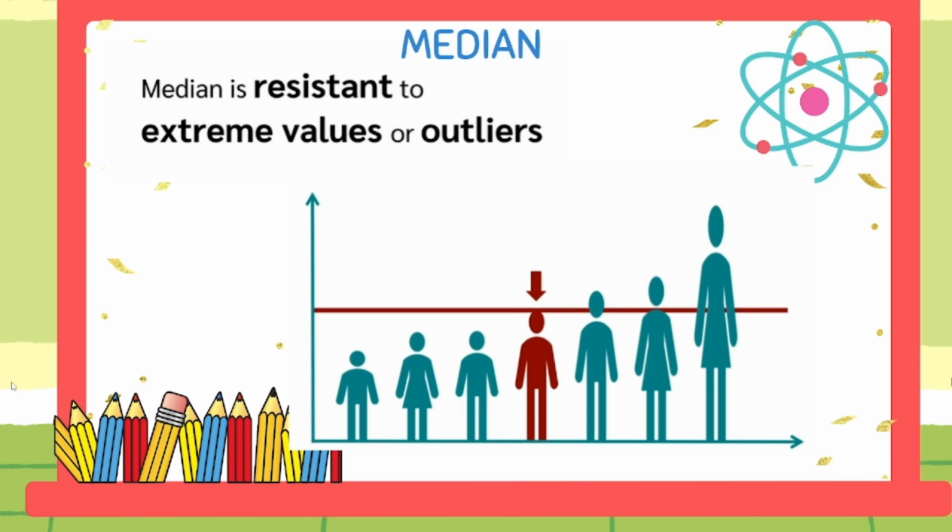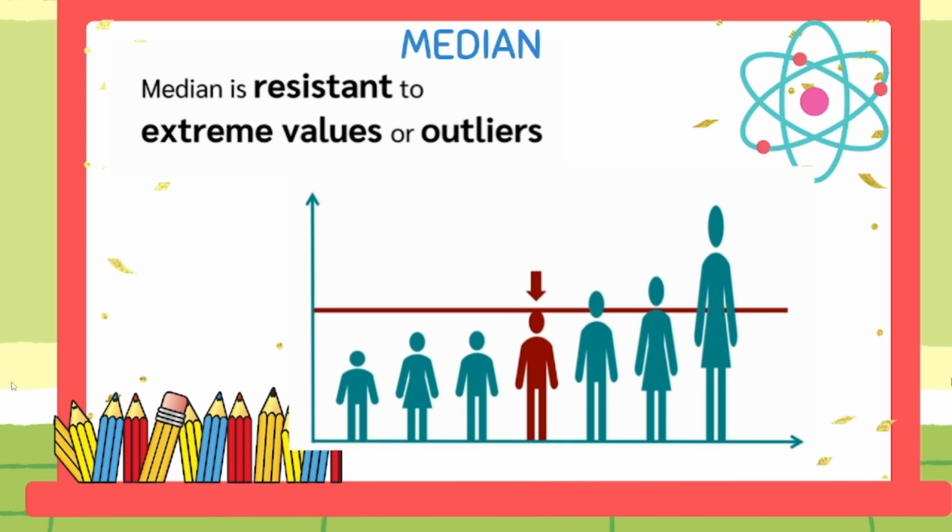Median. When the values in a data set are arranged in ascending order, the median is the middle value. If there is an odd number of data points, the median is simply the middle value. If there is an even number of data points, the median is the average of the two middle values.